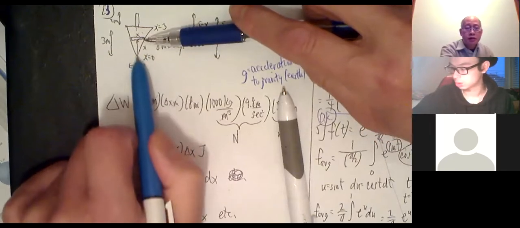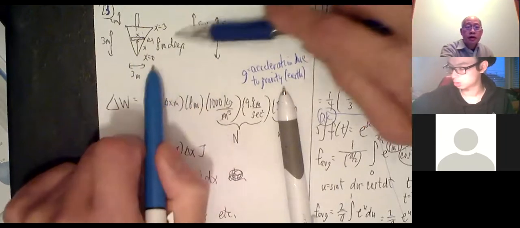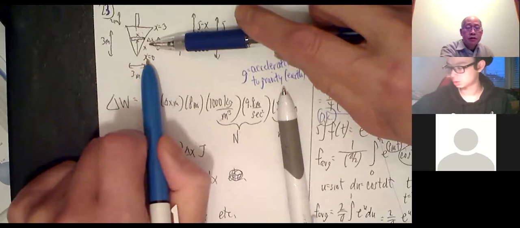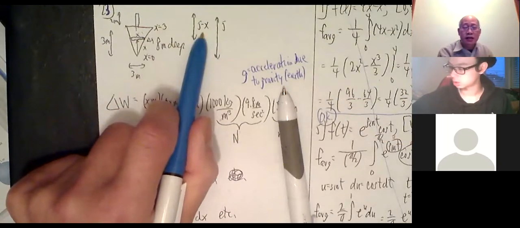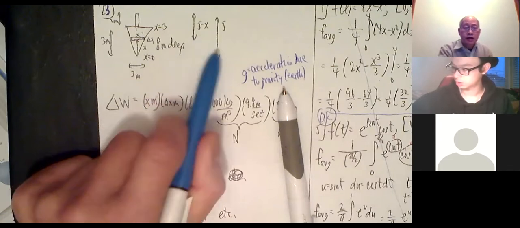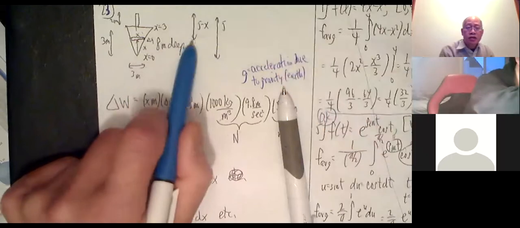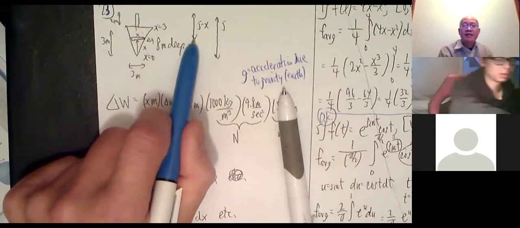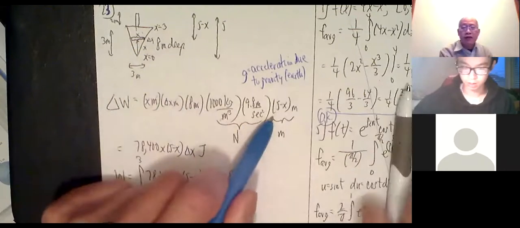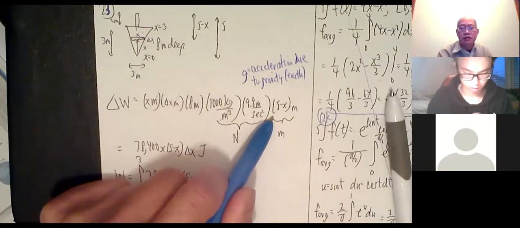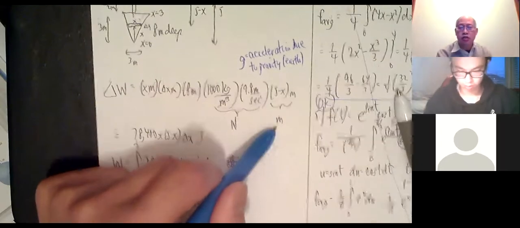So if from here to here is 5, and here to here is x, the distance that these water molecules have to travel is 5 minus x. That's the distance that all the water molecules are traveling. So now I multiply by 5 minus x meters. At this stage of the game, I have newton meters, and newton meters is joules.